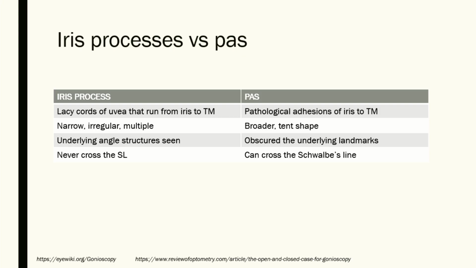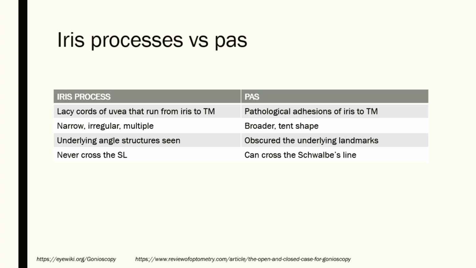Some commonly confusing things are iris processes versus PAS, which is peripheral anterior synechiae. Iris processes are lacy cords of the uvea that run from the iris and insert into the trabecular meshwork, whereas PAS is a pathological adhesion of the iris to the trabecular meshwork. Iris processes are narrow, irregular, and multiple, while PAS is broader and tent-shaped.